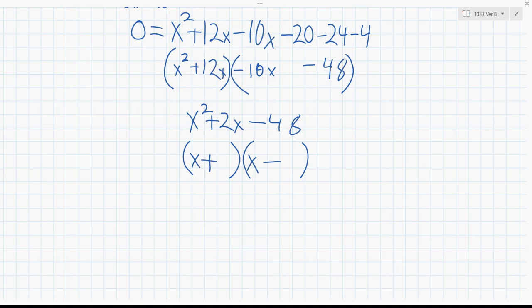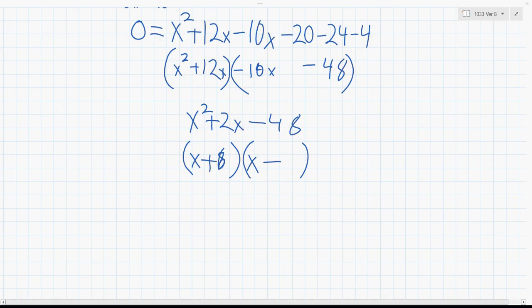I can start going through it, and I'll find out that it's going to be 6 and 8. Wait, did I do that right? Yep, it's going to be a positive 8 and a negative 6. Right? Positive 8, negative 6. No. Positive 6, negative 8.